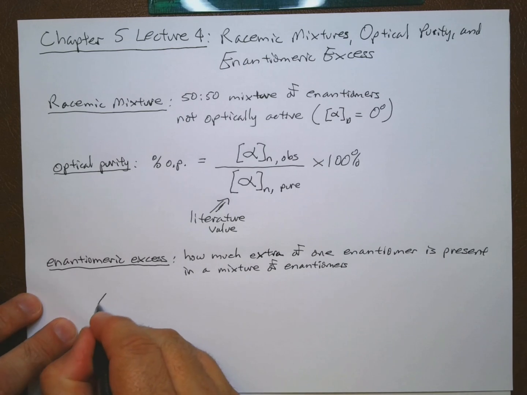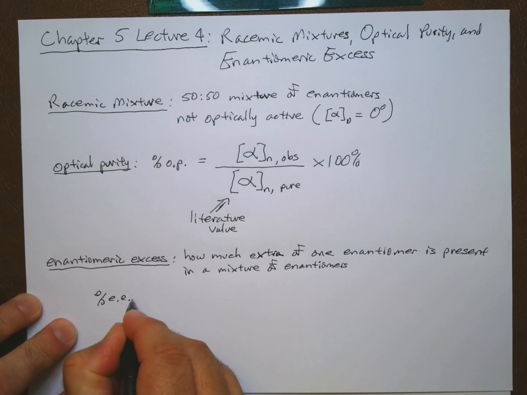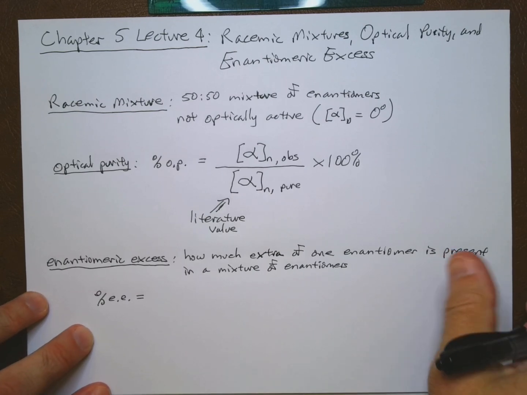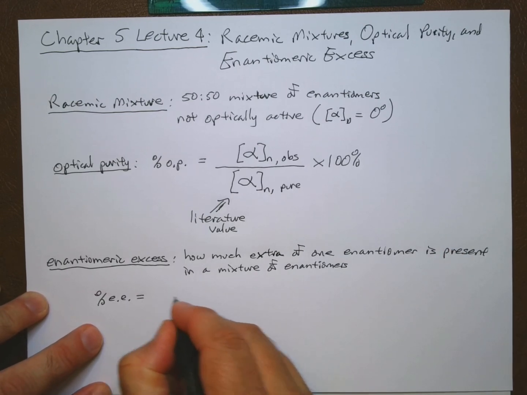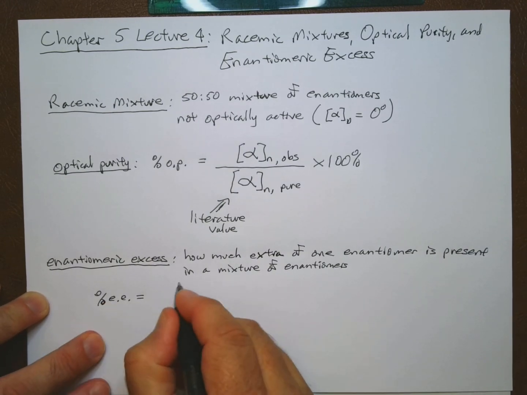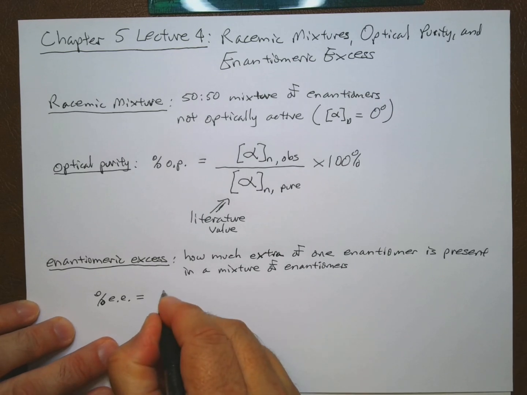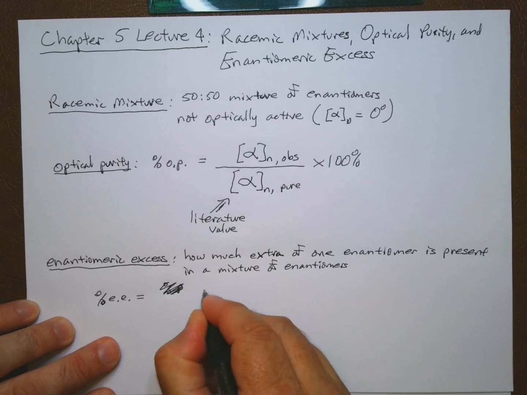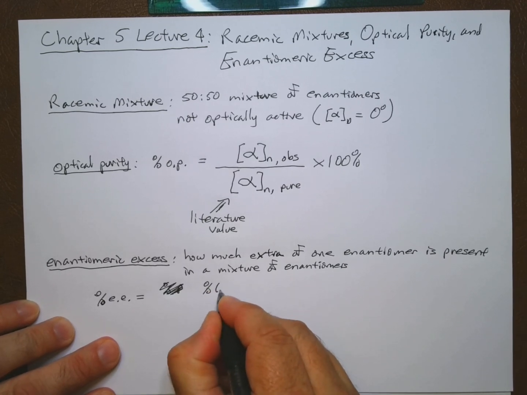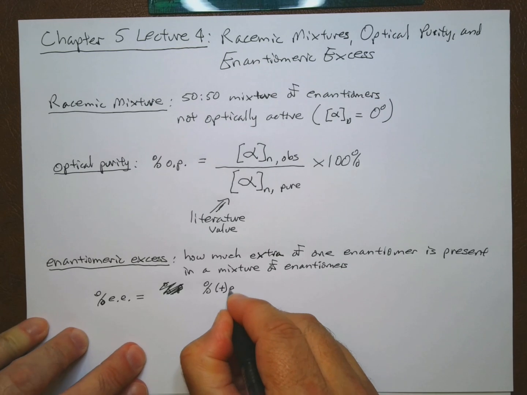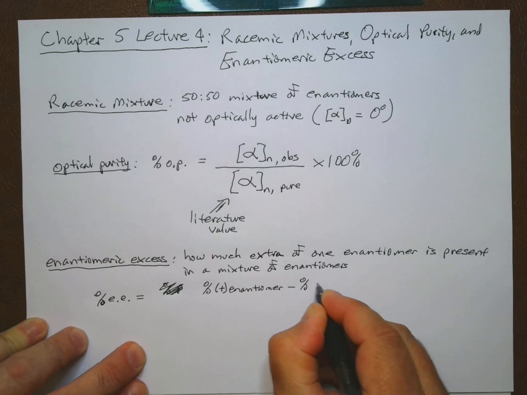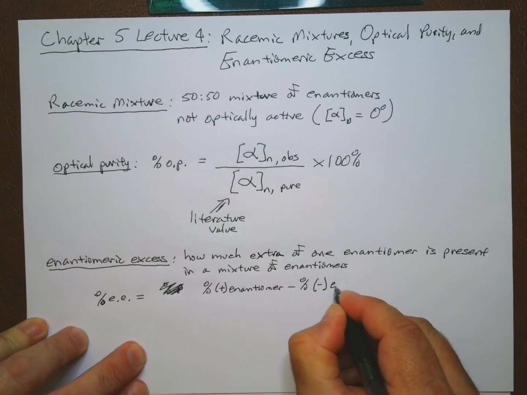Okay, and so our percent enantiomeric excess is going to equal our percent plus enantiomer minus the percent minus enantiomer.